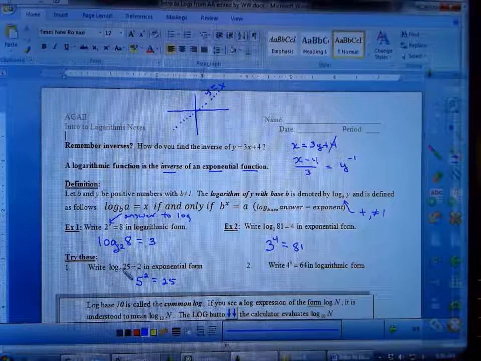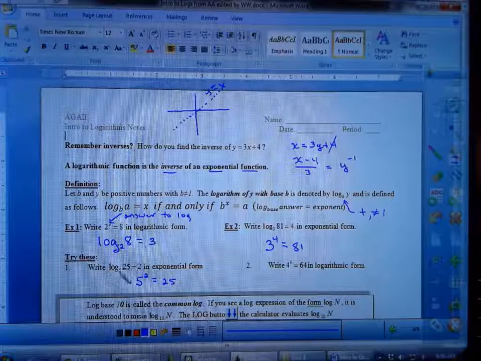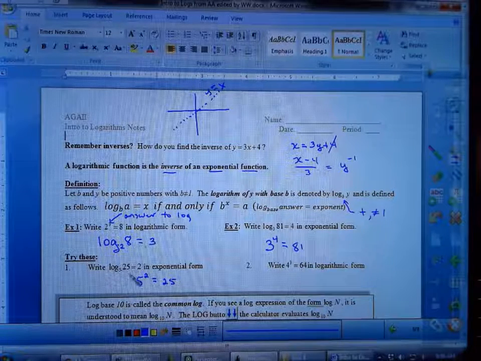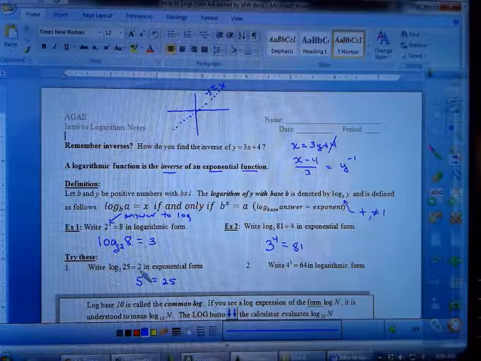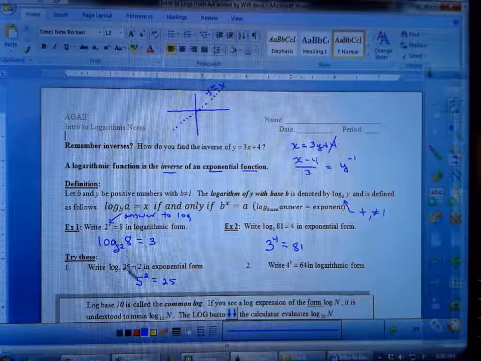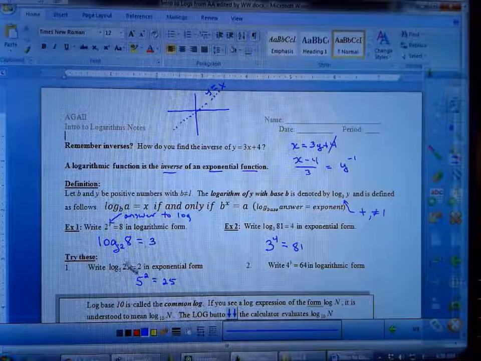Just make sure you understand the base is going to be the base of the exponential, and then the power, the 2 up here, raised to the second power, is going to be the answer to the log. If you loop around, it takes you to 5 squared is 25. You see what I'm doing? And that's how it works.